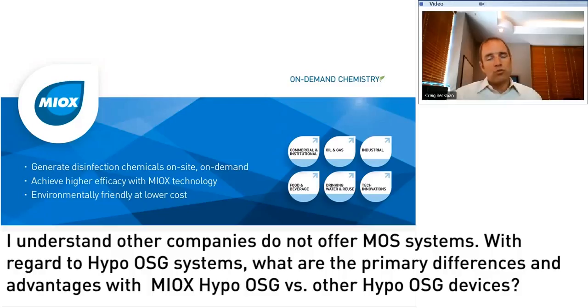Why would an end user choose one or the other? Again, that's completely dependent on what their problem is. If chlorine is effective at doing the job of biologic control, but they simply need a lower cost form of chlorine or bleach, then we would recommend a hypochlorite generator.